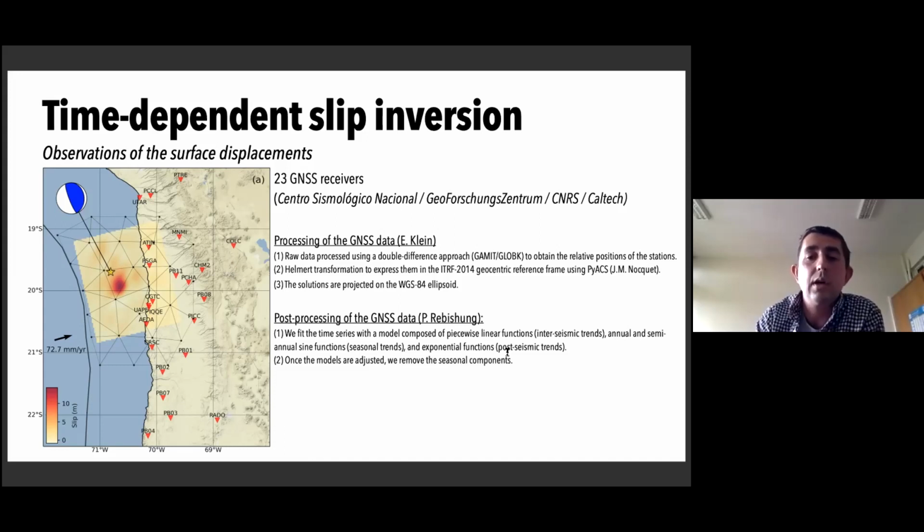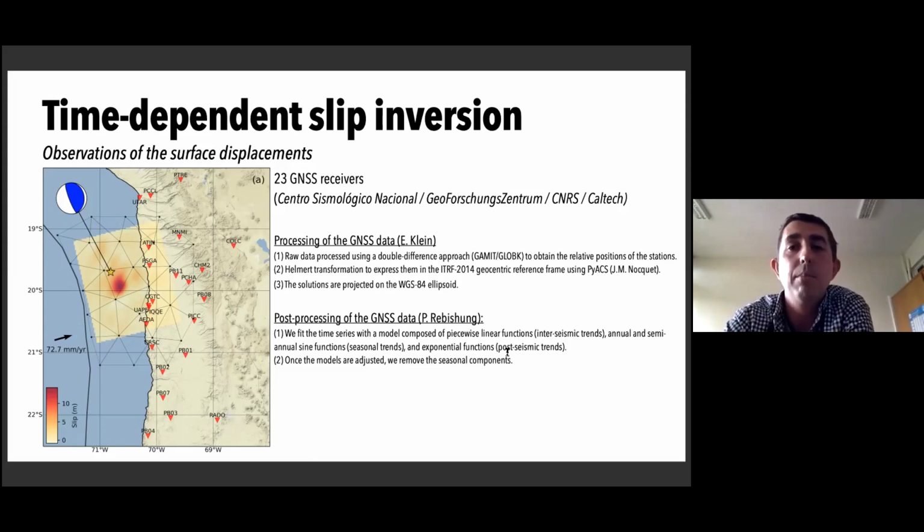Once you adjust this model, you remove the seasonal component, because this is something we are not so interested in.